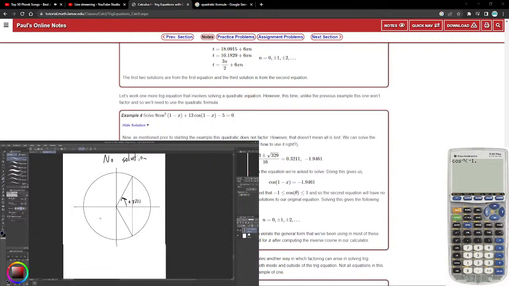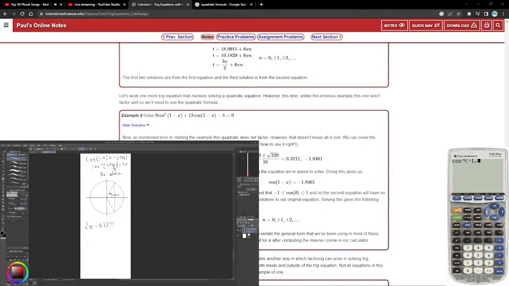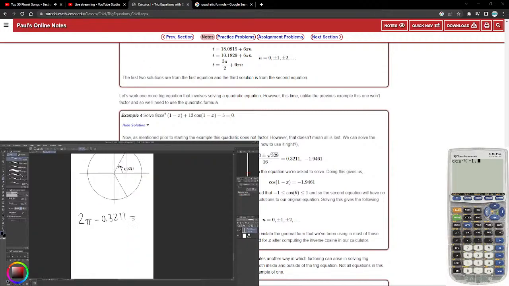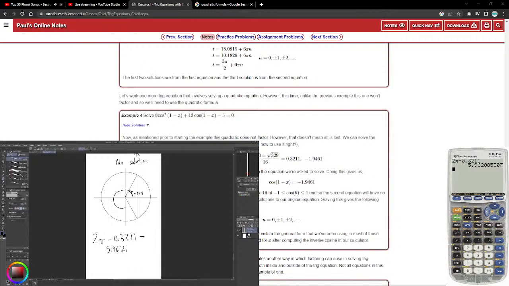So if I just took 2 pi minus 0.3211, I should get the answer. 2 pi minus 0.3211 is 5.9621. That's this whole thing.